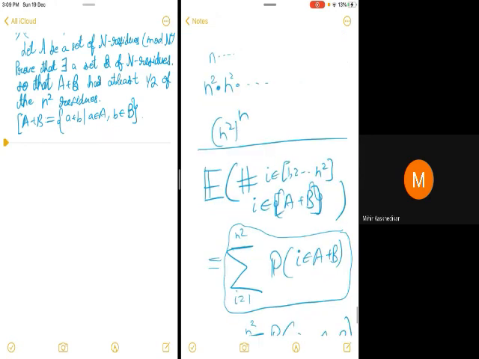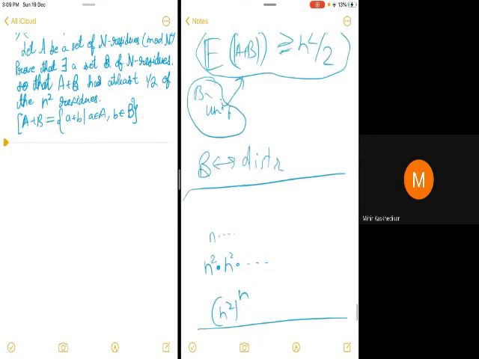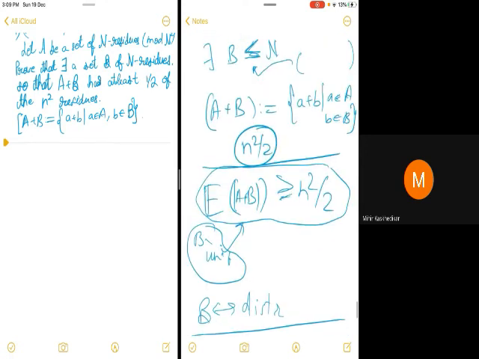Did you get that we wanted to calculate the expected value of the cardinality of A plus B, right? We have proved that if we show that the expected value of the cardinality of A plus B is greater than or equal to n square by 2, then we will be done.